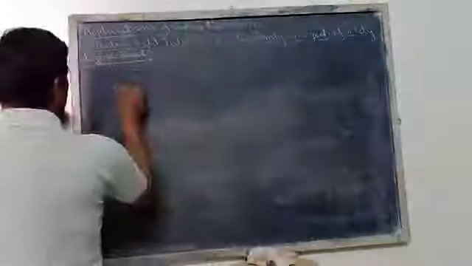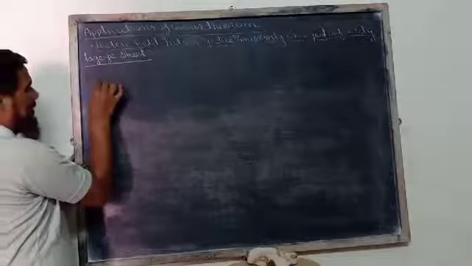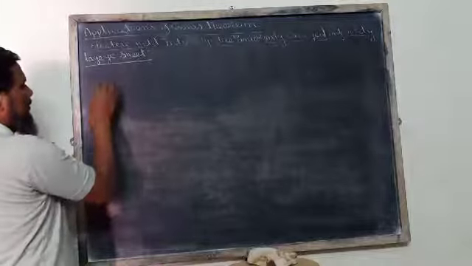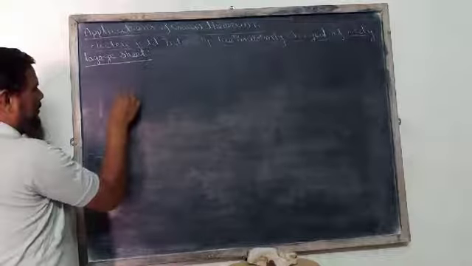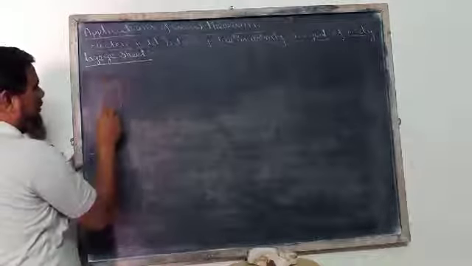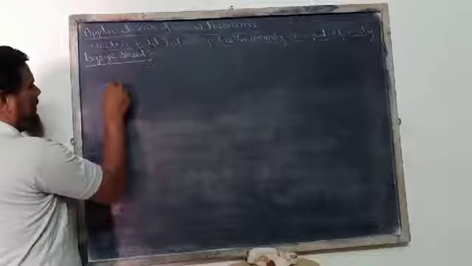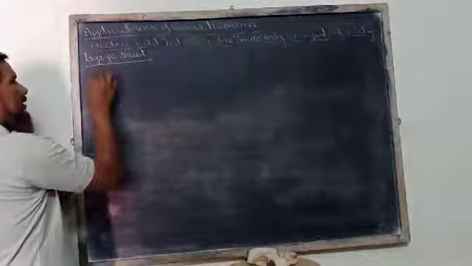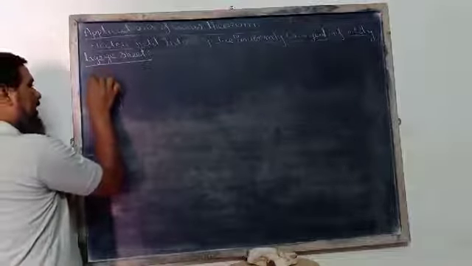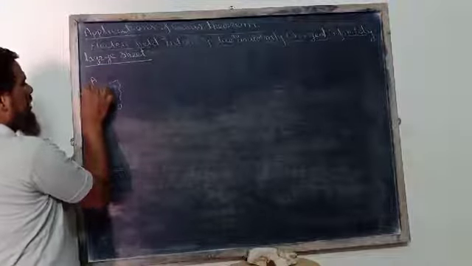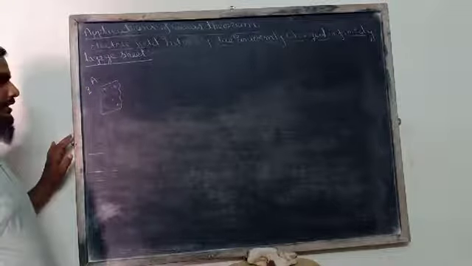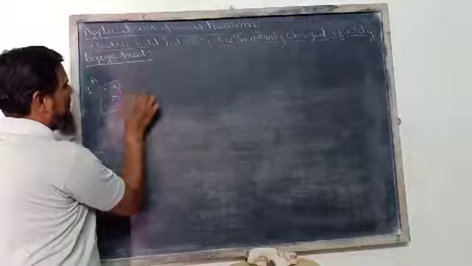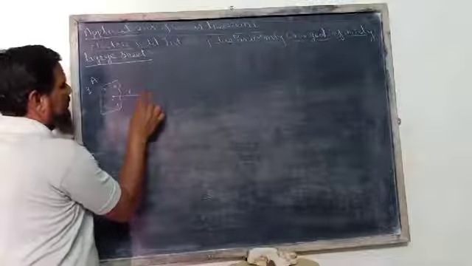So first of all we consider an infinitely large sheet, and it is uniformly charged. Its area A contains Q amount of charge, and we shall calculate the electric field intensity at a certain distance R from P.